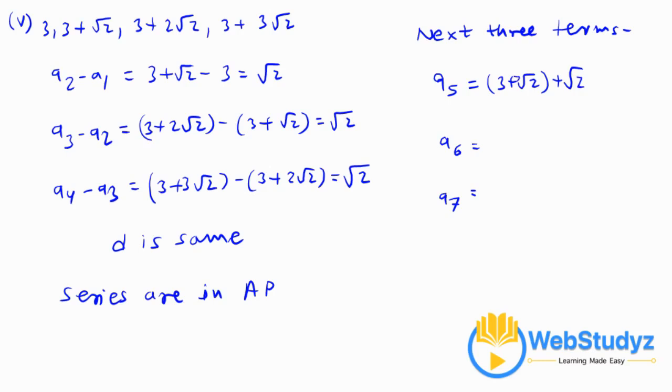3 plus 3 root 2 plus root 2. So this comes out to be 3 plus 4 root 2. Again, A6 will be 3 plus 4 root 2 plus root 2.